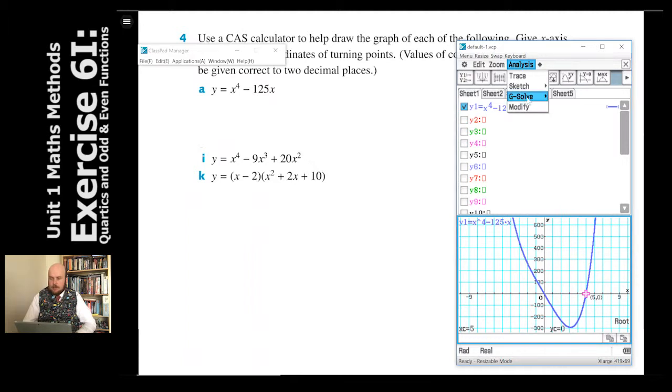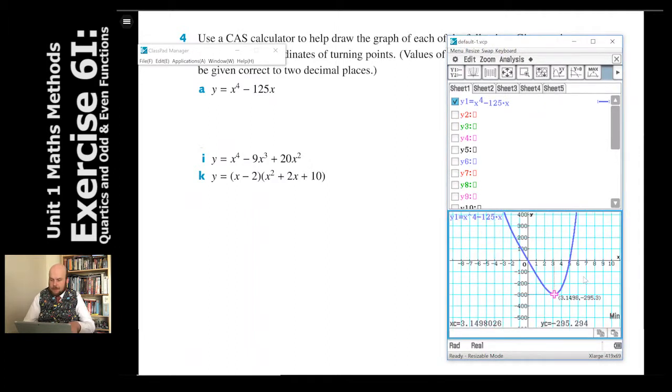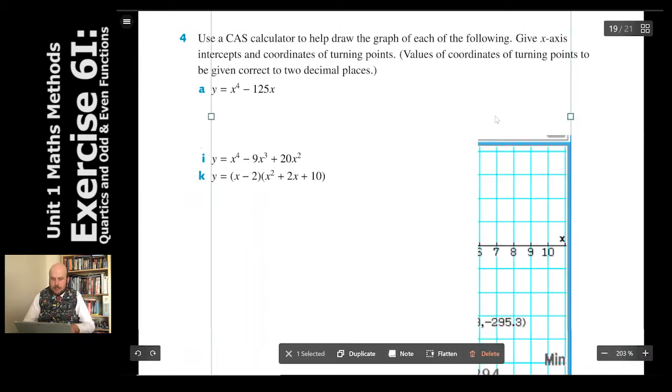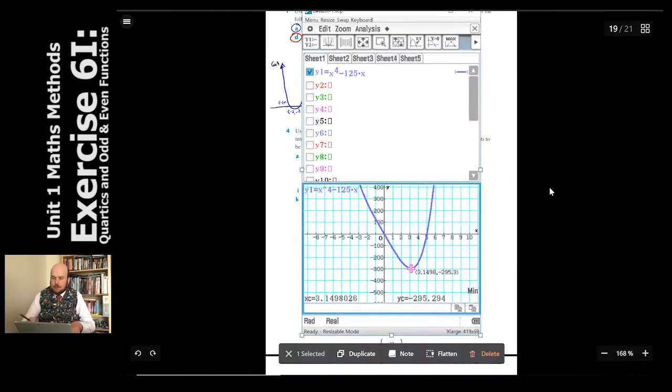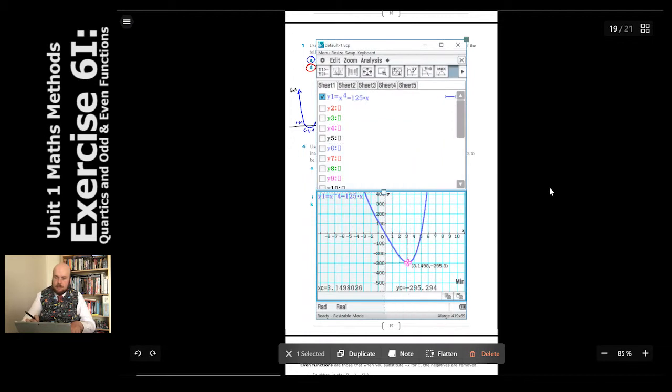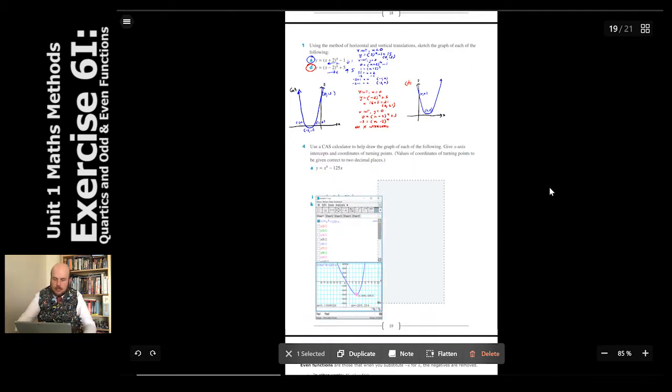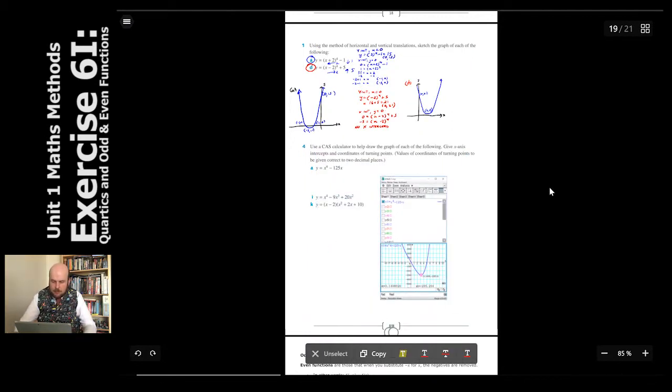And then we can also find the turning points. For the turning point, we go to Minimum. There we go. So I got 3.1498, -295. So what I'm going to do is take a picture of that, put that in here. We'll shrink this down a bit, and we've got our very lovely graph.